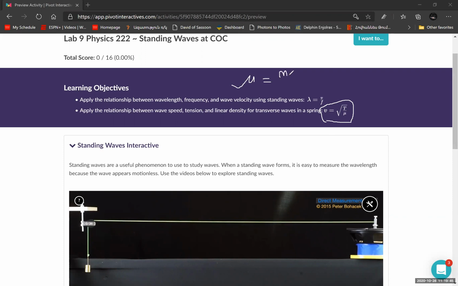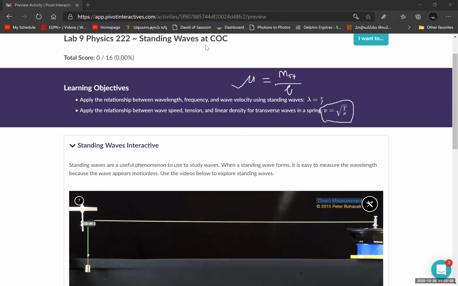This equals the mass of the string divided by the length of the string. Using those equations, we should be able to get some of the information.